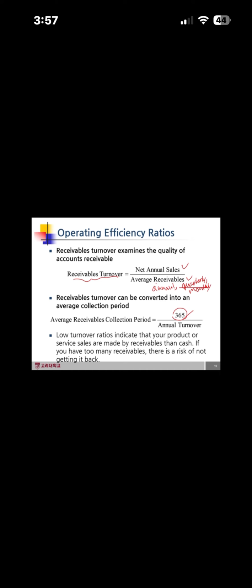An efficient company has a higher accounts receivable turnover ratio. Okay, the higher the ratio, the higher the efficiency, and the lower the ratio, the lower the efficiency.